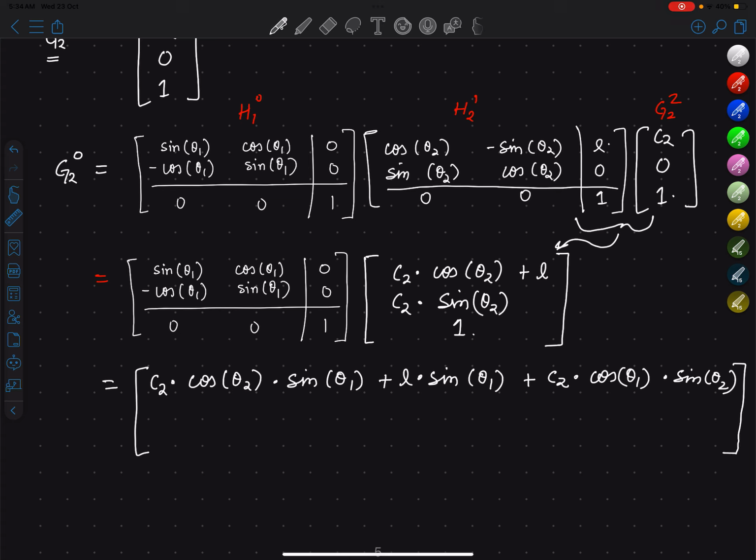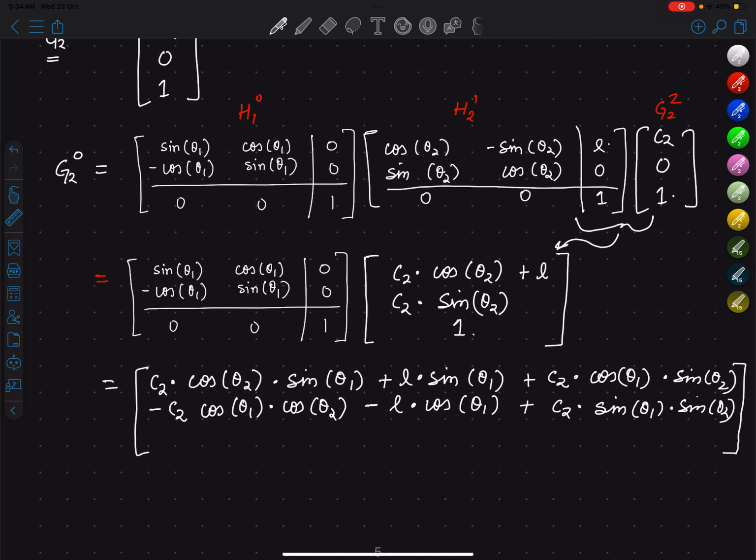What is the second element? Minus C2 cos theta 1 cos theta 2 minus L cos theta 1 plus C2 sine theta 1 sine theta 2.